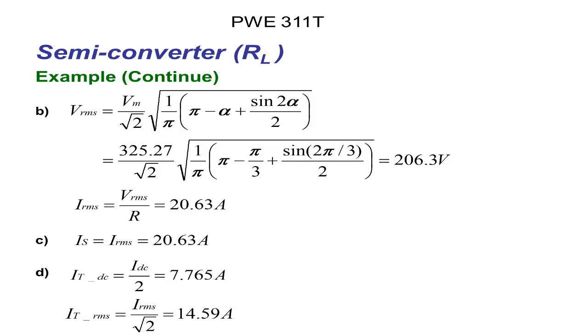And then IS is IRMS, which is 20.63. The thyristor DC current is IDC over 2, and the RMS of it is IRMS over root 2. So you get that.